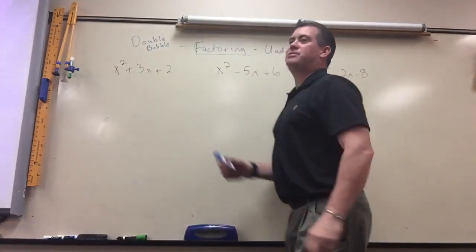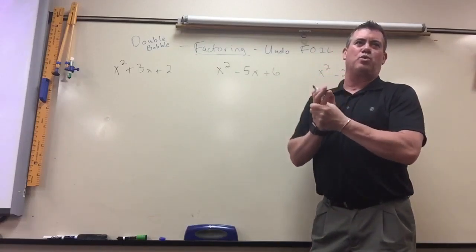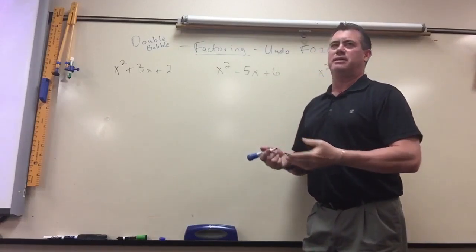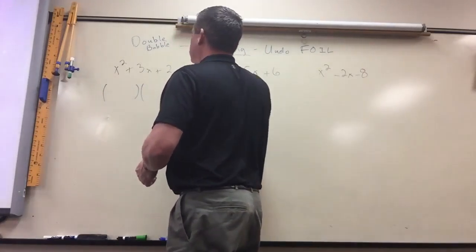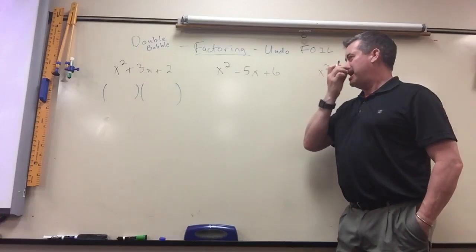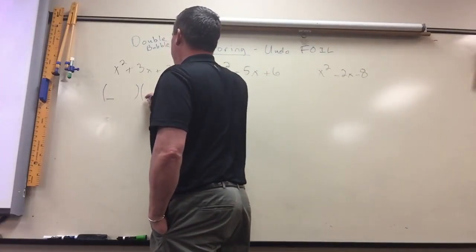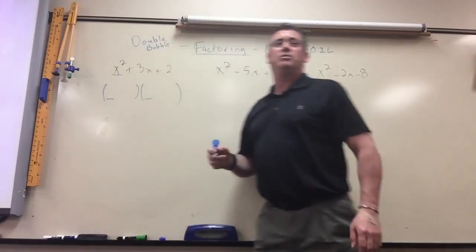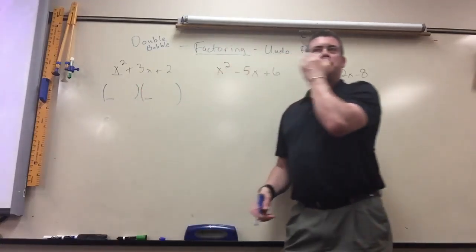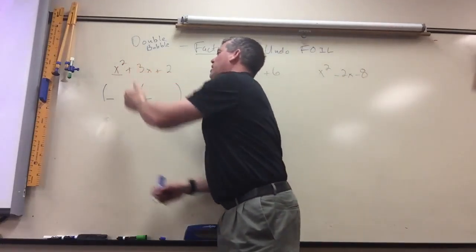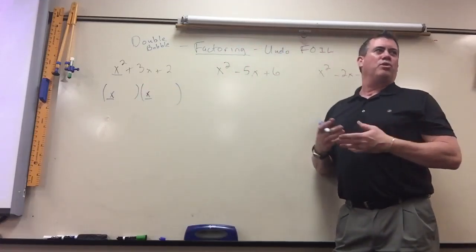So the process is, when you have a trinomial, and these are the only ones we're going to factor, you start off with your double bubble. What you have to figure out is this first term was found by taking the first times the first. They're both x's. So the only way to get an x squared is to take an x times an x. So that's the only possible thing there.